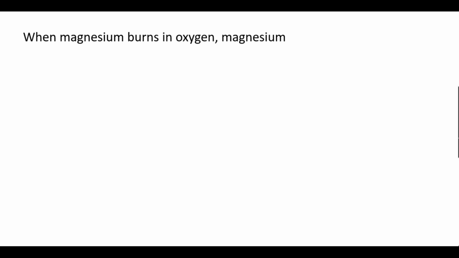So to learn what is actually oxidation and reduction, we are going to learn about the reaction between magnesium and oxygen. When magnesium burns in oxygen, magnesium oxide is formed. The chemical equation for the reaction between magnesium and oxygen can be represented like this.